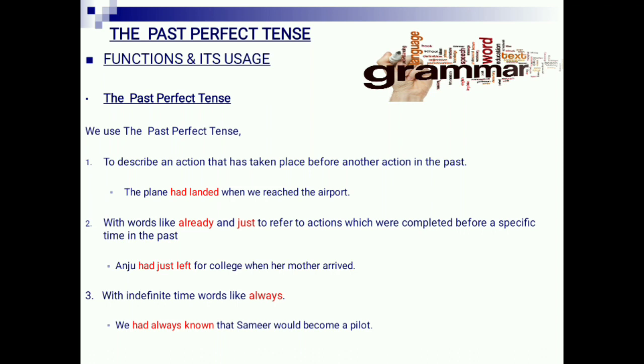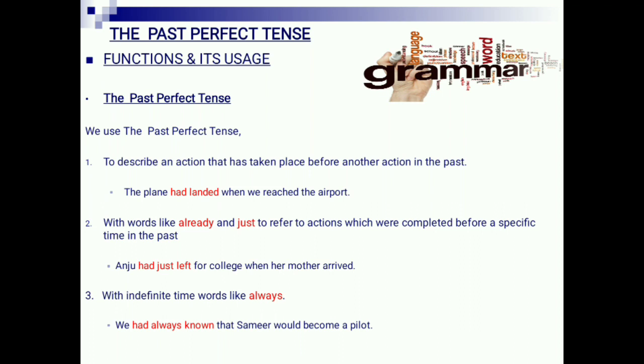Understood? Now see the next usage. With words like already and just, to refer to actions which were completed before a specific time in the past.